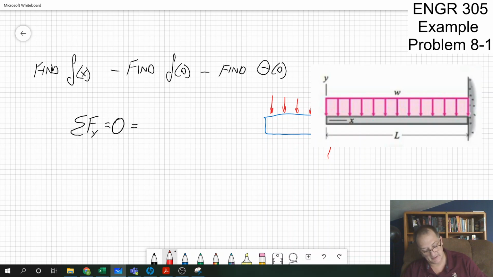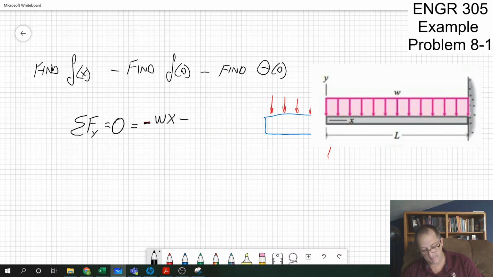I was going to pause it, but the force acting down, I have no reaction force, nothing going up. So the distributed force is minus W times whatever distance I have, x. That's all acting down.